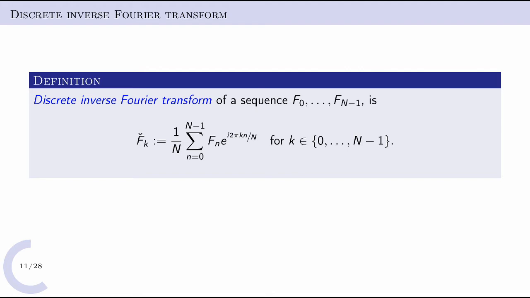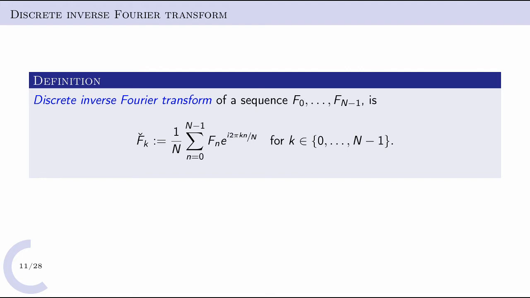We define its inverse discrete Fourier transform or discrete inverse Fourier transform just to be a sequence of the same length of elements defined by almost the same formula as before. Again, we change the sign of the exponent. We had minus i, now we have i, but as you can see, there is one more change. There appeared fraction 1 over n.